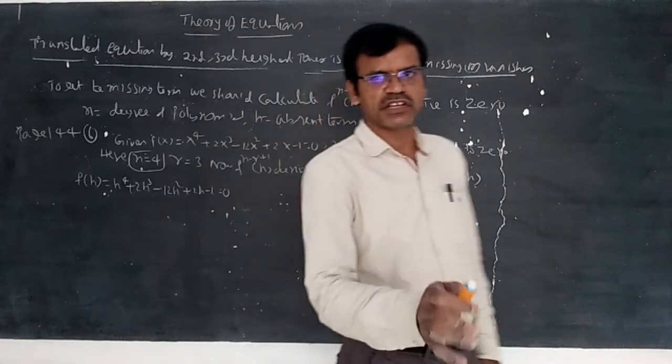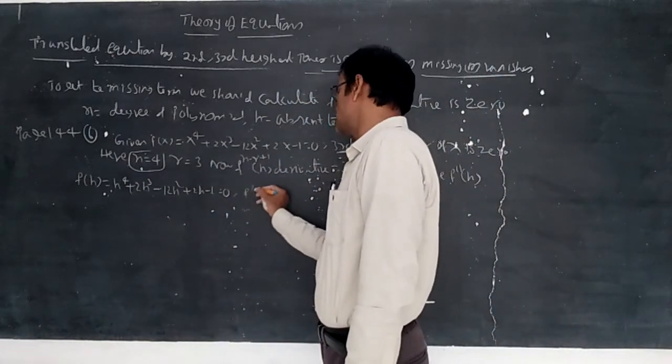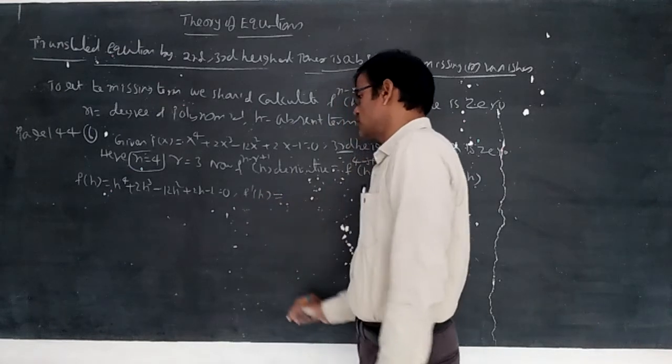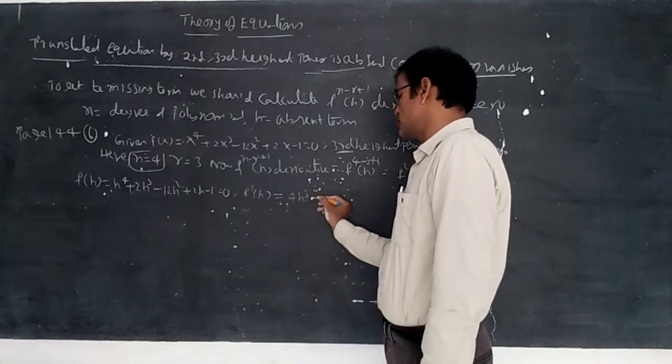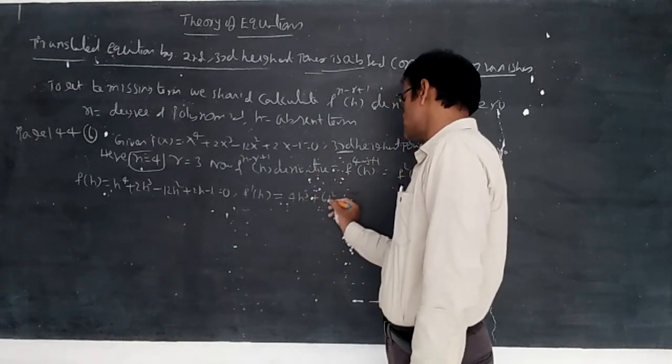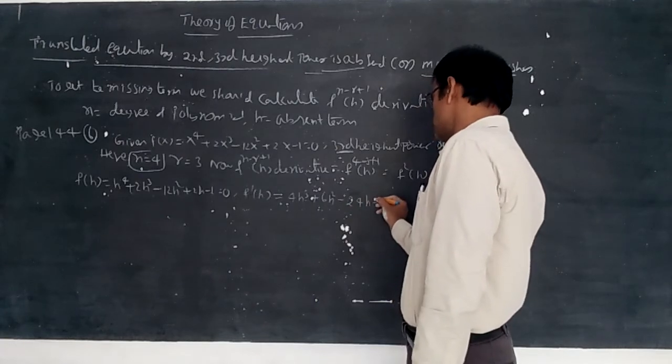Of course, without writing h also, with x also you can calculate it. Now f dash h becomes 4h cube plus 6h square minus 24h plus 2.